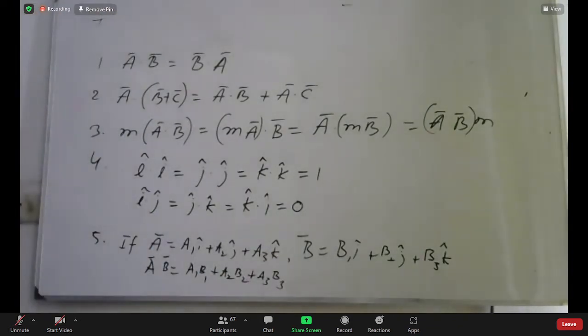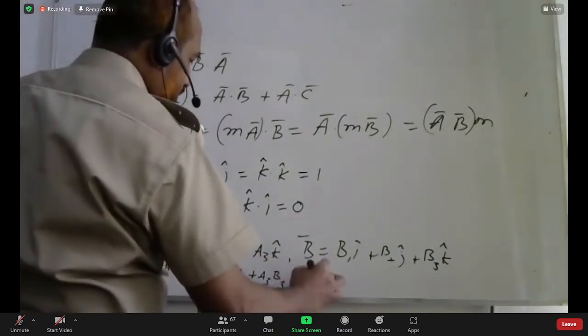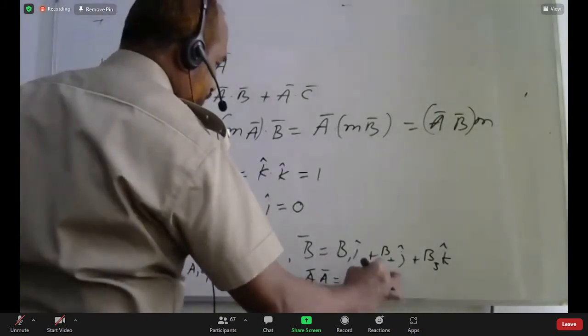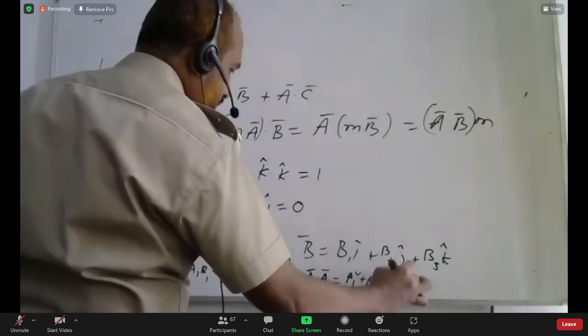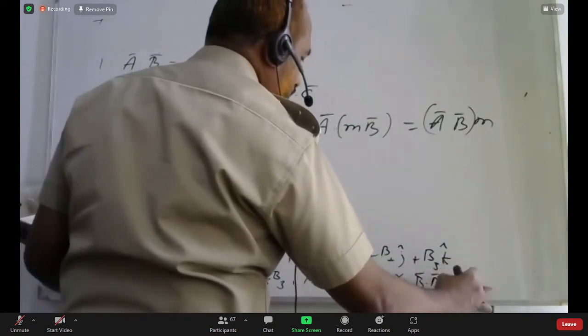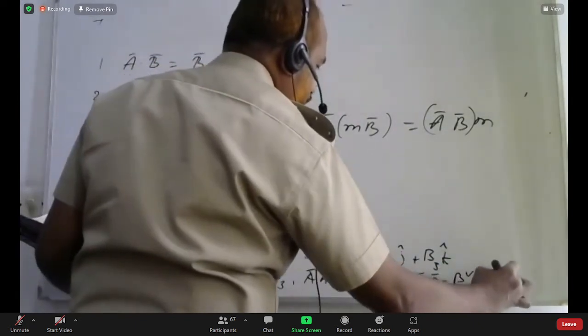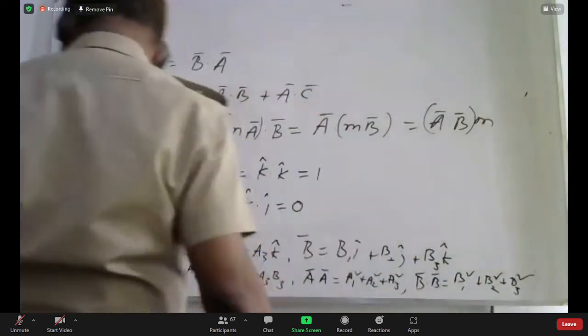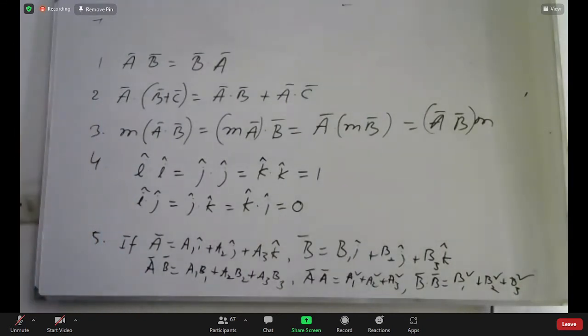Clear? Are you getting it? Yes, sir. And A dot A, what will be A dot A? A dot A will be A1 square plus A2 square plus A3 square. And what will be B dot B? B dot B will be B1 square plus B2 square plus B3 square. Got it? Yes, sir.